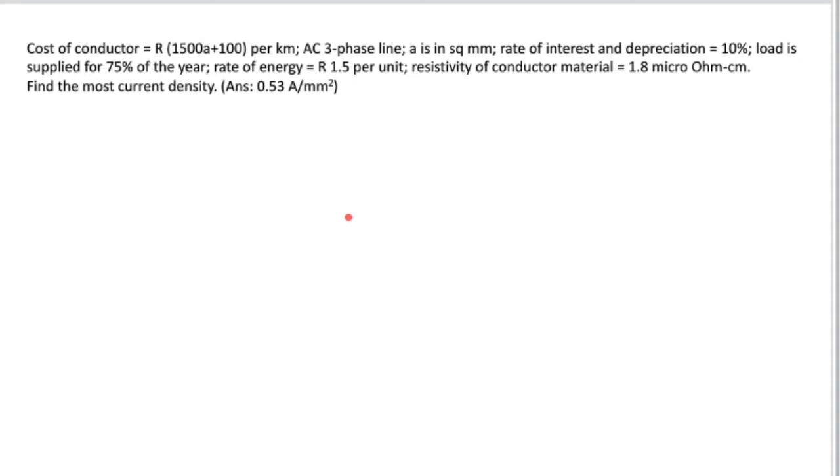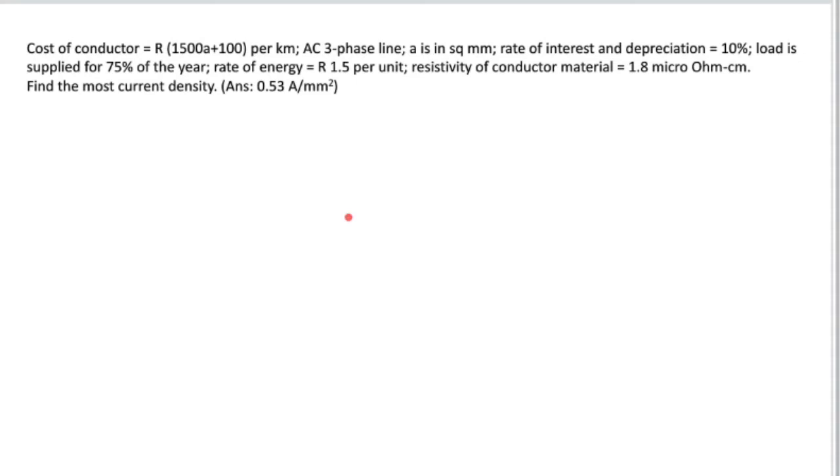I over A, you need to calculate from that equation, where you wrote 3I squared times 1.8 times 10 to the power minus 6 over A times 10 to the power 6 times 8760 times 0.75 times 10 to the power minus 3 times 1.5 is equal to 150 times A times 0.1.